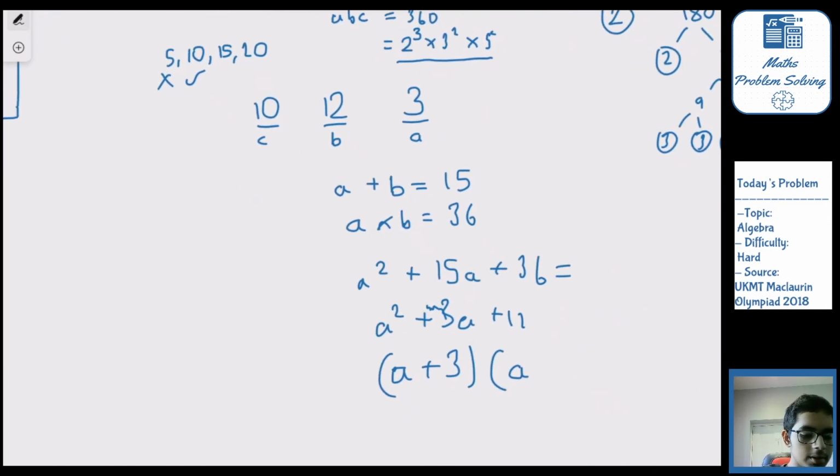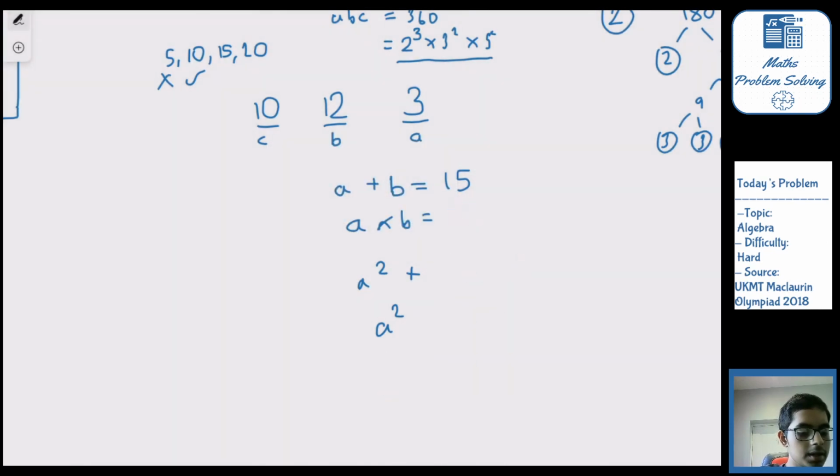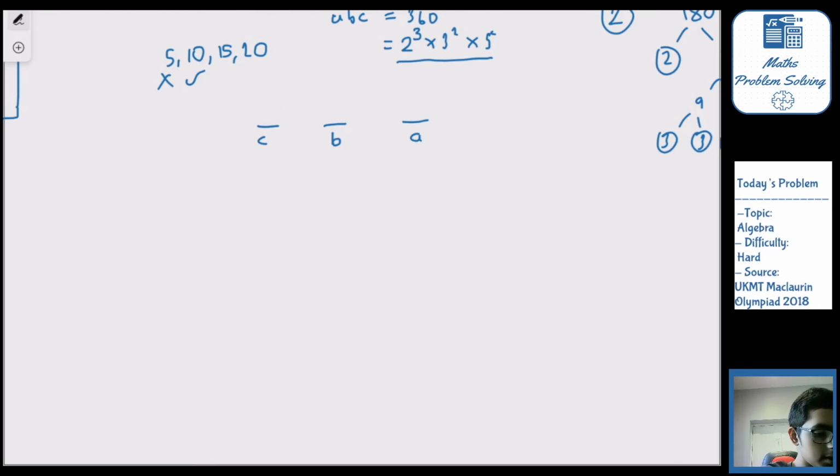So let's just rub all this out and go through it for 15 and 20. Now when c equals 15, a plus b equals 10. 25 minus 15, remember? I hope you're getting used to this now.